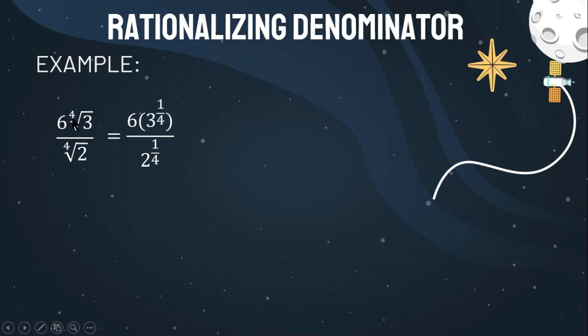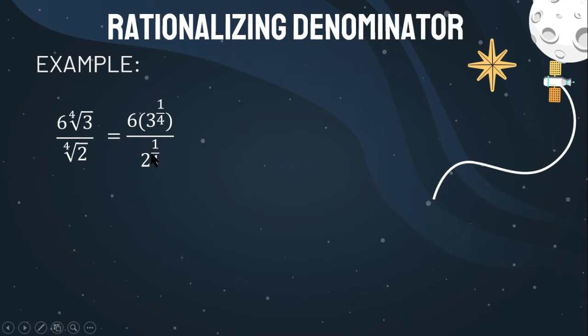So the fourth root of 3 will be 3 raised to 1 fourth, and the fourth root of 2 will be 2 raised to 1 fourth. And then I'm going to make this 1 because we must remove the radical expression. So the exponent of 2 must not be a fraction, it must be a whole number, at least 1.